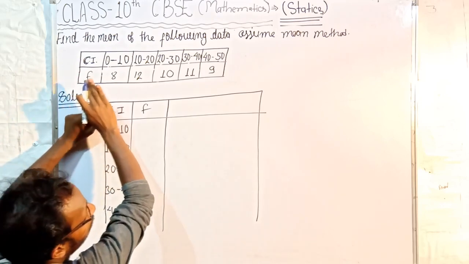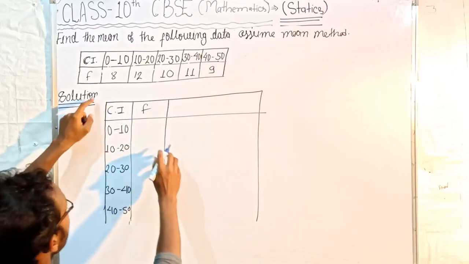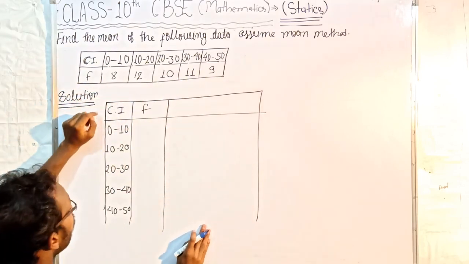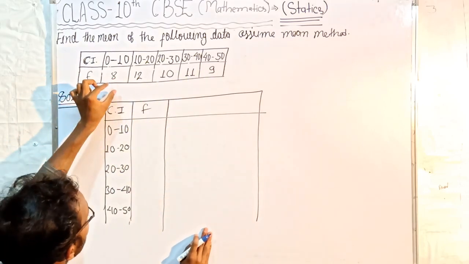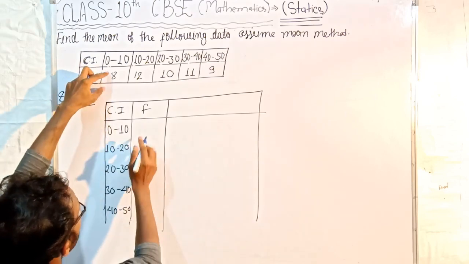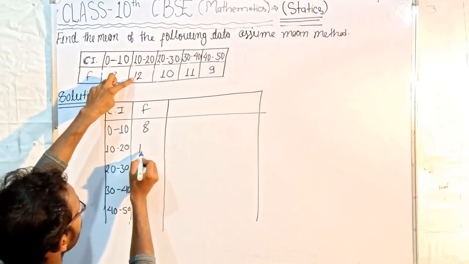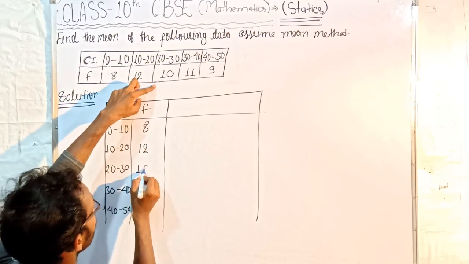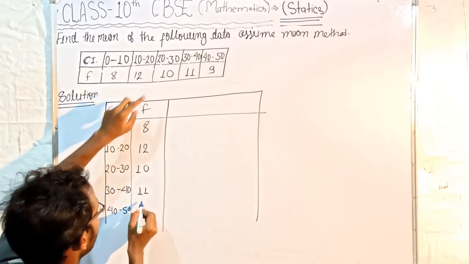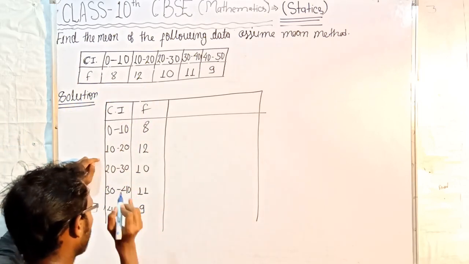I have written all the class intervals. Now I will write the corresponding frequencies of the class intervals, which are 8, 12, 10, 11 and 9.